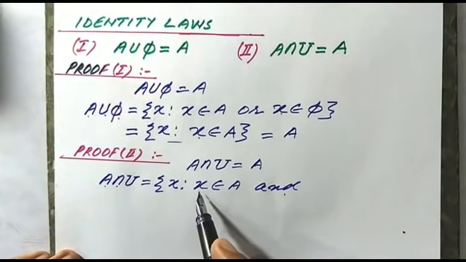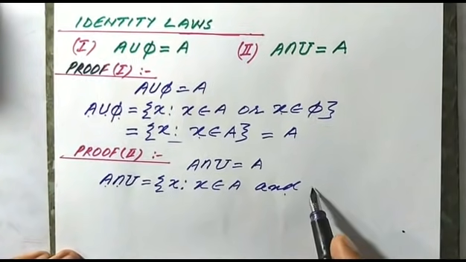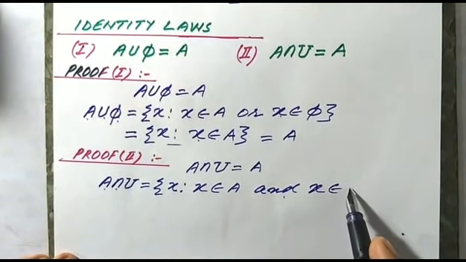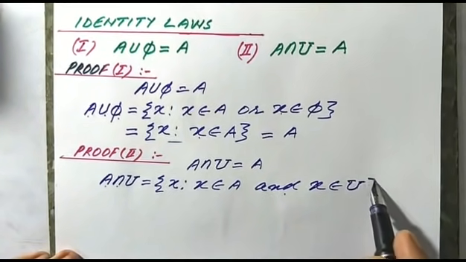So we should say X belongs to A and X must belong to universal set U.